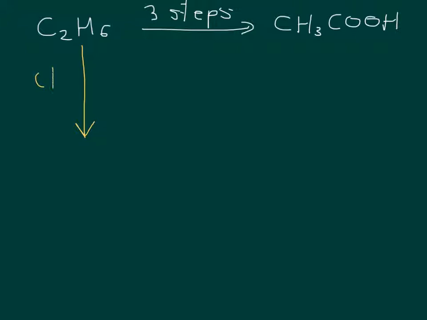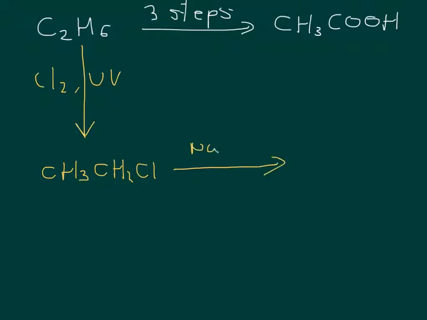So I'm going to use chlorine. And for that, of course, we need UV light. That would give me CH3CH2Cl. Okay, halogenoalkane. What can I do with my halogenoalkane? Well, with my halogenoalkane, I can react it with a sodium hydroxide solution. And I need to warm that up.